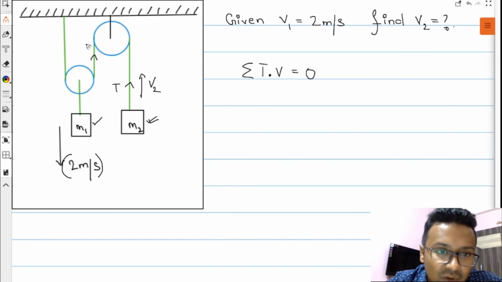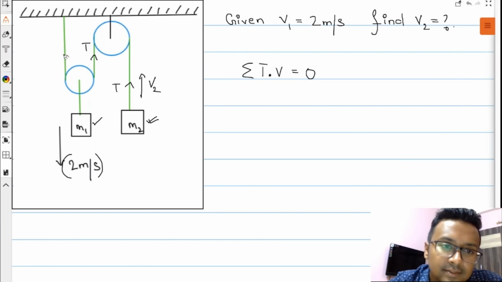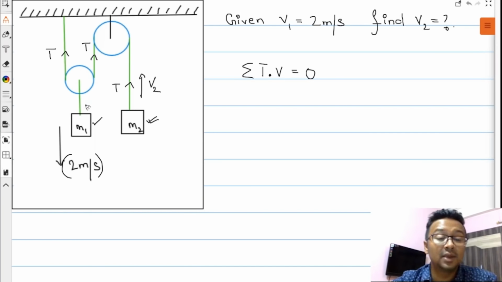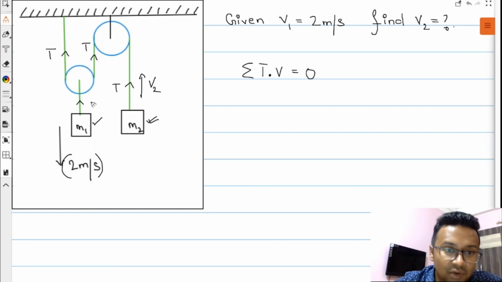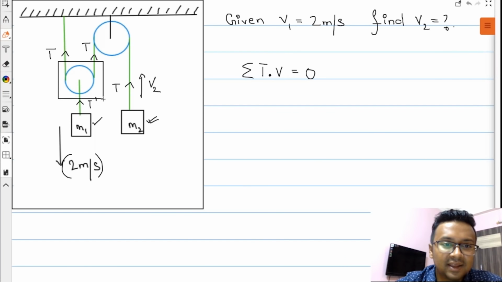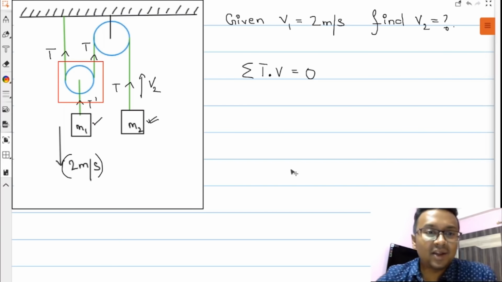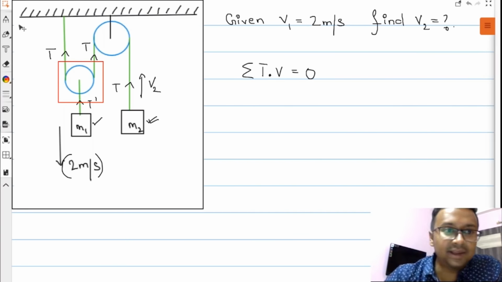So on this side it's tension T, and here also tension T. Then what is going to be the tension out here? Let's say this is T dash, and let me take this section of the pulley and analyze this part.